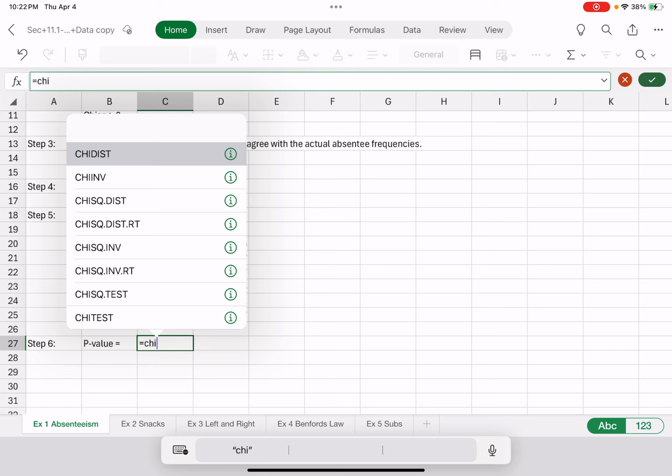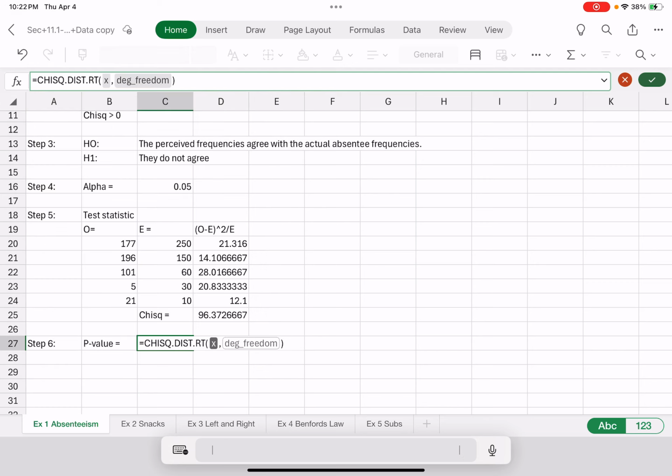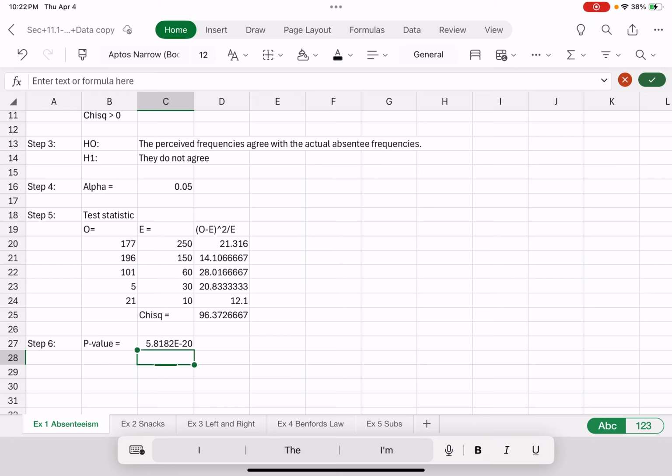Yeah, I think that's what I want, dot rt, because it's a right-tailed test. It's always a right-tailed test. Now for the x, I'm going to push chi squared. For the degrees of freedom, I'm going to do k minus 1. And in this case, k is 5. There are 5 different outcomes. So my degrees of freedom is going to be 4. Enter. Yes. Super small, as I suspected.